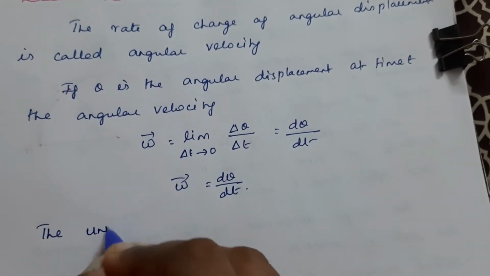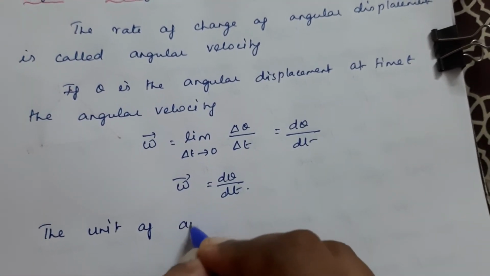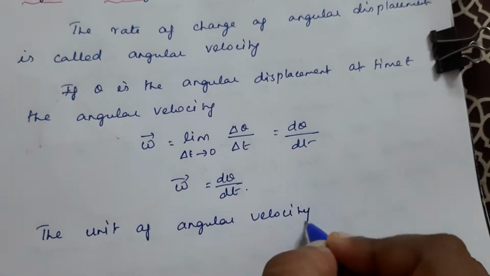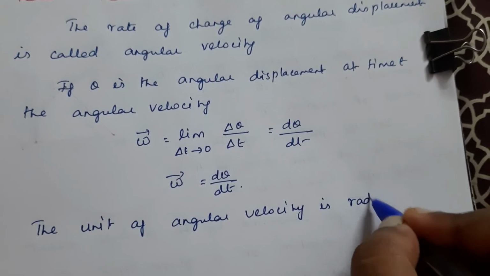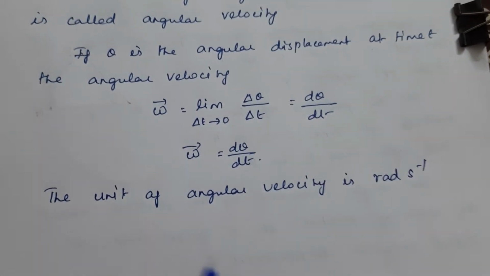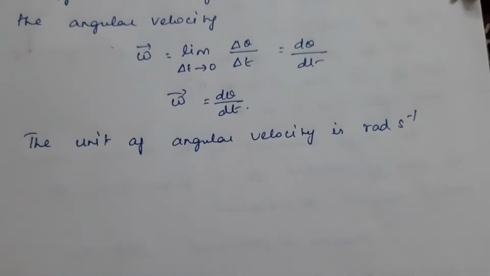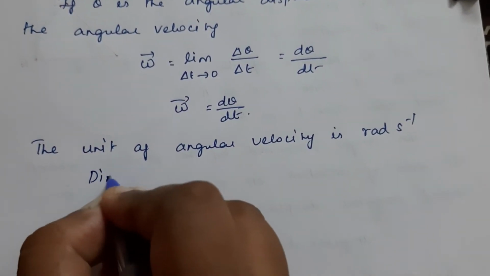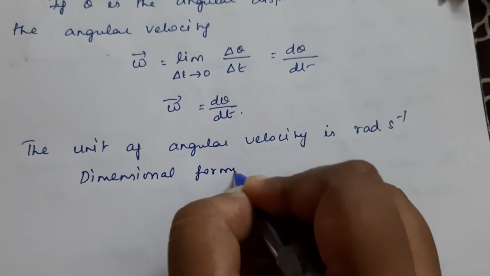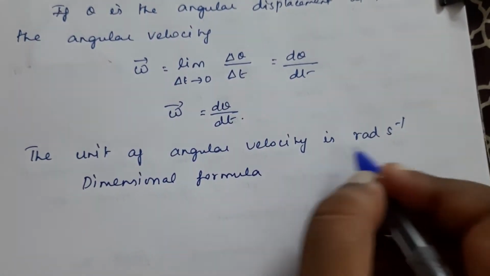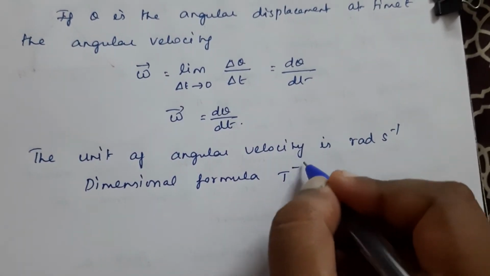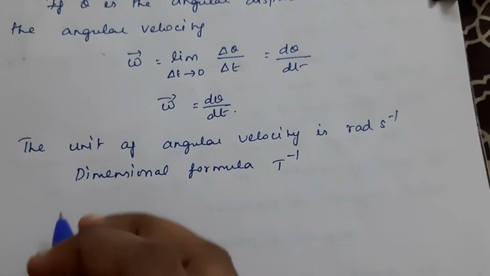The unit of angular velocity is radian per second. Dimensional formula: radian does not have any dimensions. Only time has dimension. So it is T raised to minus 1.